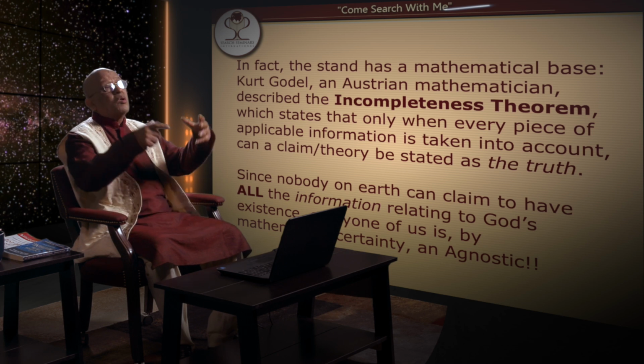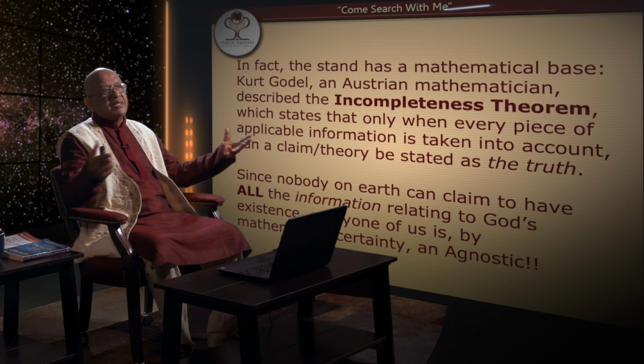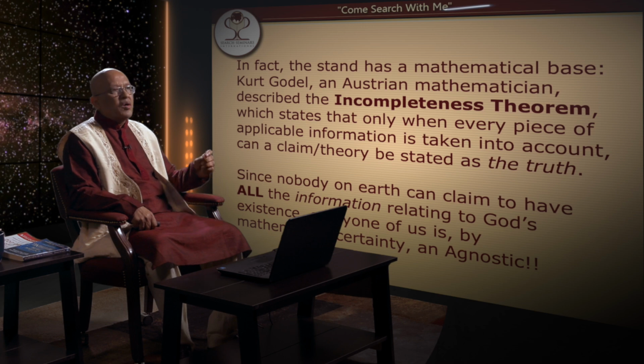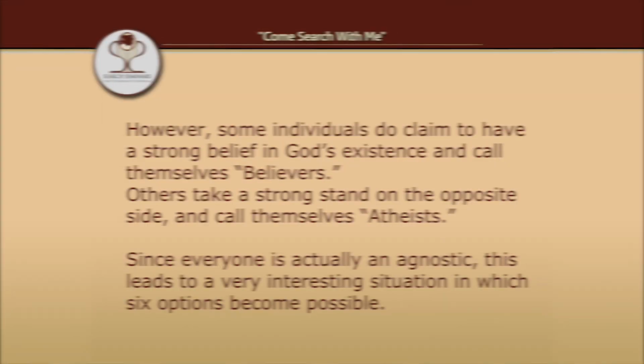Unless you know all of the pieces of information that apply, you cannot call it the truth of the matter. Now, you and I will easily confess that nobody on earth has all the information relating to the existence of God. So, everyone on earth, you and I and everyone else, is by mathematical certainty an agnostic.